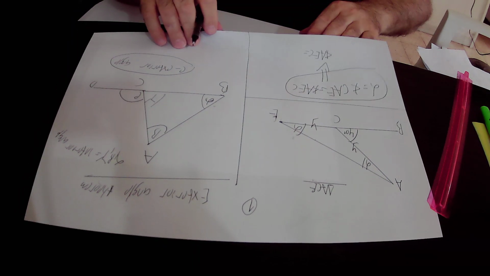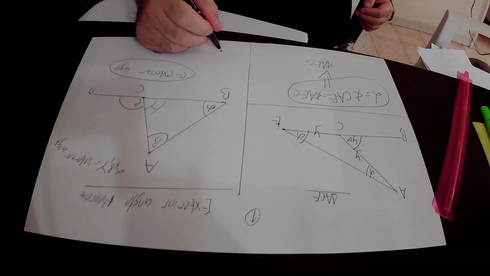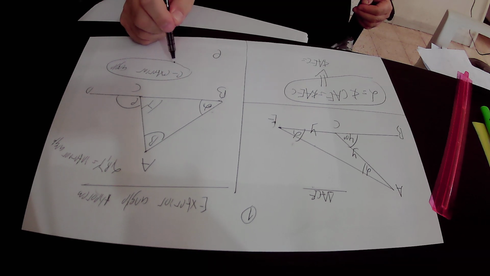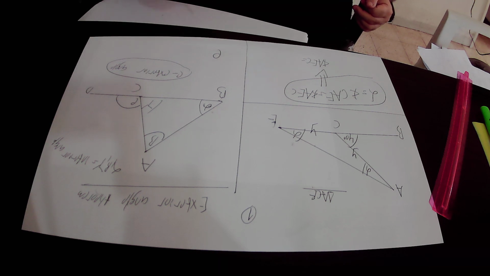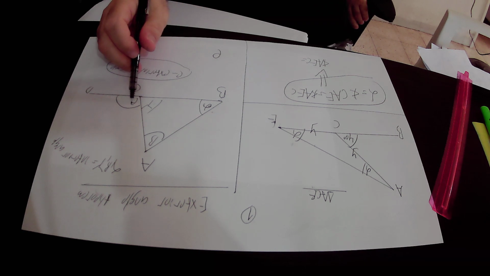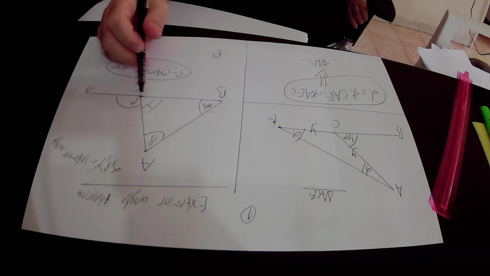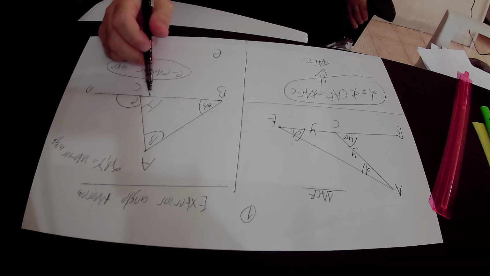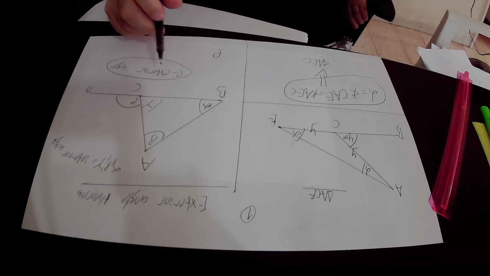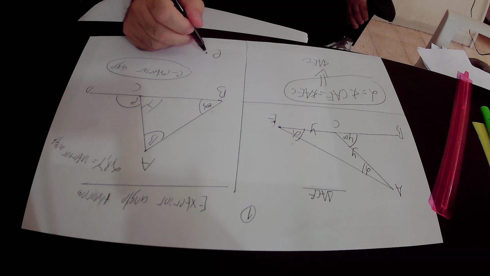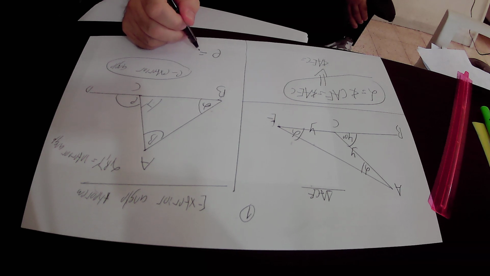And then according to the exterior angle theorem, the size of the exterior angle E equals the sum of the two interior angles that are not adjacent to it. Angle gamma is adjacent to angle E. Therefore, the two other interior angles that are not adjacent to it are alpha and beta, and therefore angle E equals alpha plus beta.